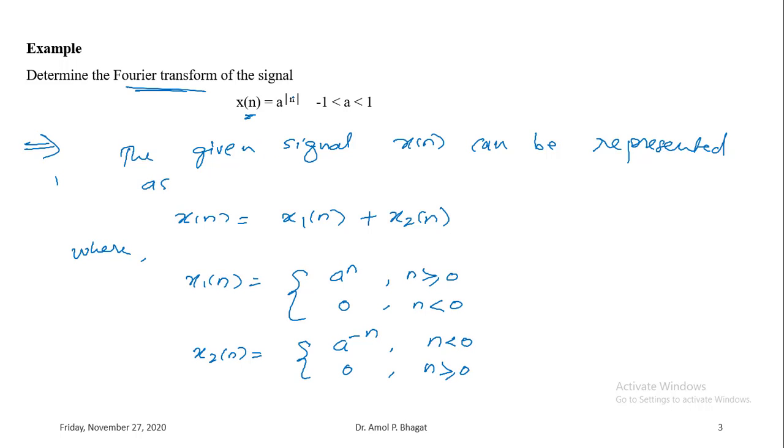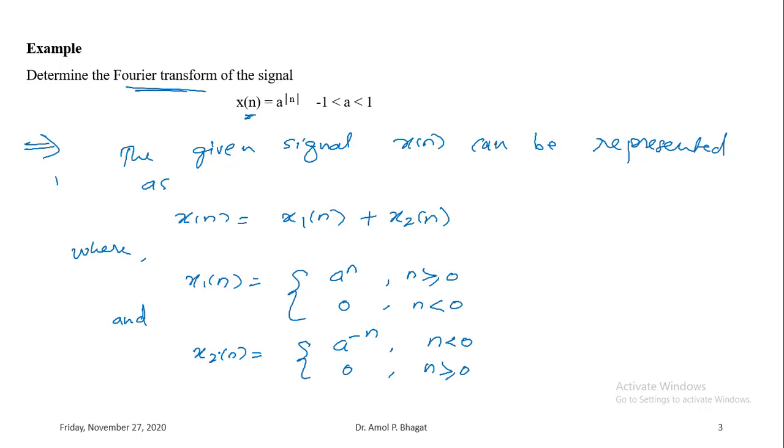This is how we can represent x of n. Now, using the Fourier transform and the linearity property, we can find the Fourier transform of each individual signal, and to get the Fourier transform of x of n, we simply sum the Fourier transforms of x1 of n and x2 of n.